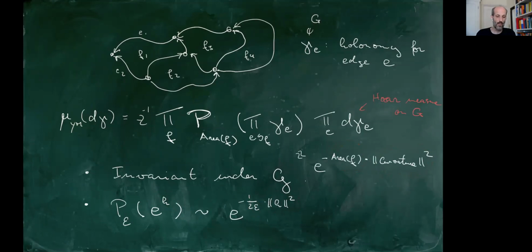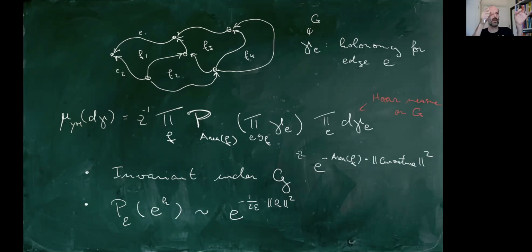So at least if the loops were really tiny, there's a good argument that the heat kernel evaluated at the holonomy around the loop looks like e to the minus area times the curvature squared. And therefore the product of all of these heat kernels, which are just real numbers, is the exponential of the sum: e to the minus the sum over the areas of all the little loops times the curvature squared at all of these points.